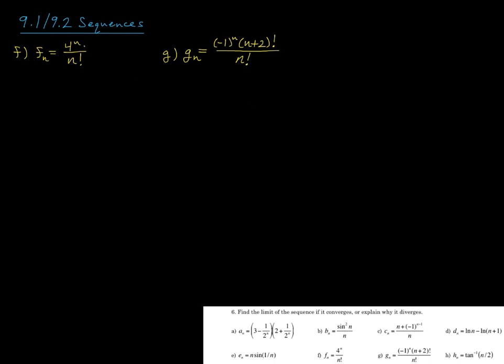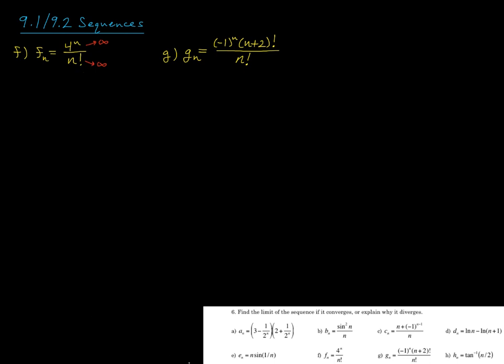This numerator is blowing up, so it's going to approach infinity, right? 4 to the n becomes infinitely large. N factorial is also going to approach infinity. So now what's going to happen for the ratio? You might say, could we do a L'Hopital's rule kind of thing? You're going to run into a problem there because of the n factorial.